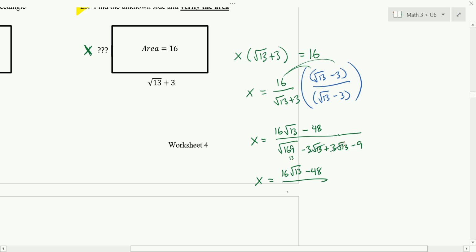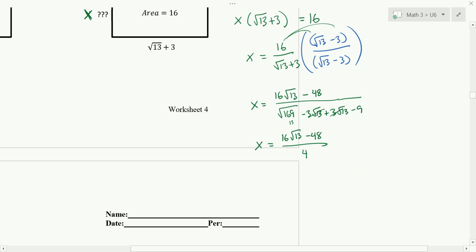The middle two terms add to 0, so we get 13 minus 9, which is 4. And we can divide the 16 and the 48 by the 4. And we end up with the answer of 4 root 13 minus 12.